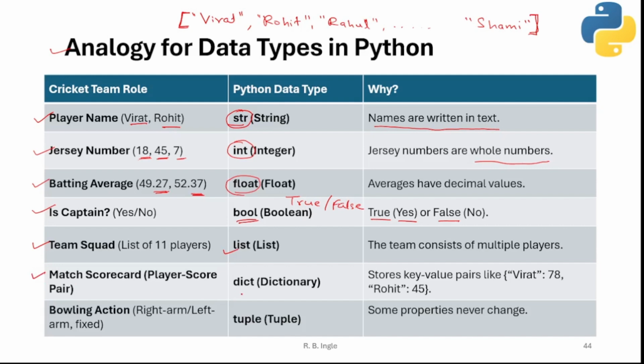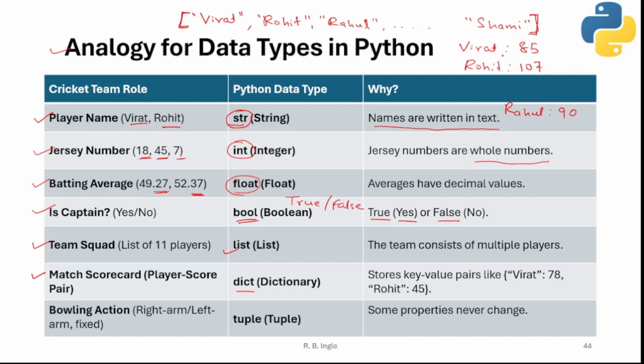Now the dictionary data type. If you want to store the player along with the score that he has scored, then we have to create a dictionary, because dictionary saves the value in the form of key and value. For example, Virat scored 85, Rohit scored 107, Rahul scored 90.